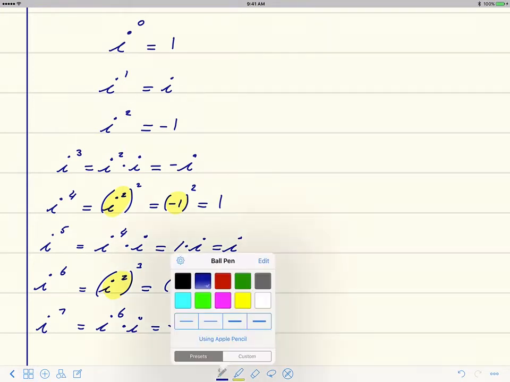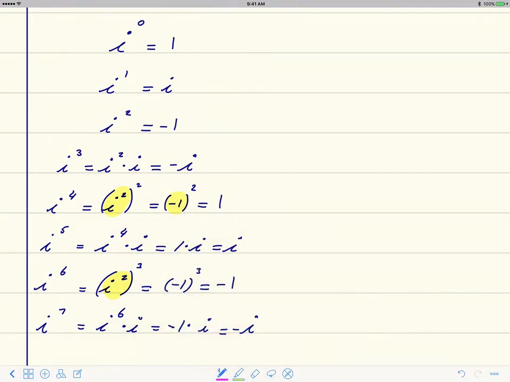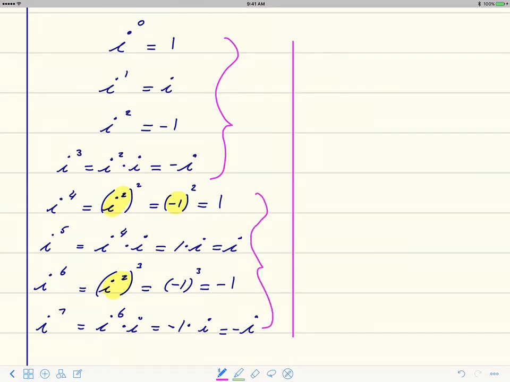Okay, now let's investigate the pattern as we go down the list. What is happening? As we go down the list, there are 4 quantities that are repeating: 1, i, negative 1, and negative i. So these 4 answers are exactly the same: 1, i, negative 1, and negative i.